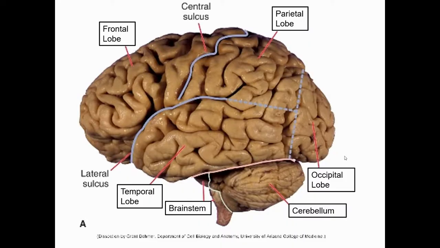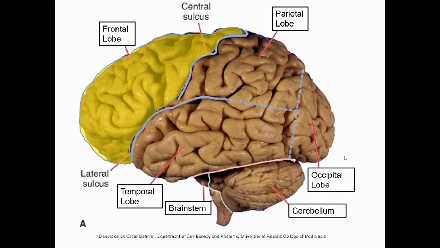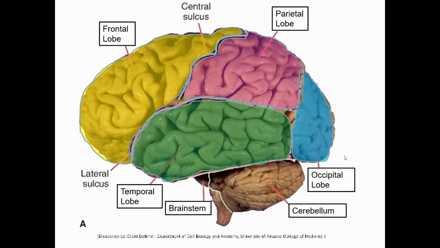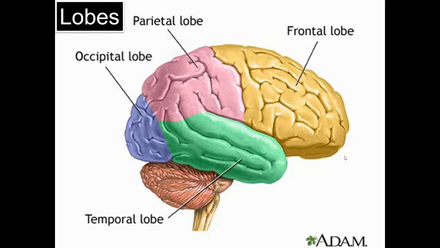The others you can see from the surface, and the ones we're going to look at are the central sulcus and the lateral sulcus. So, if we use those sulci as boundaries, we can divide this up into lobes. So we have a frontal lobe, a parietal lobe, temporal lobe, and an occipital lobe. And again, we're going to use those sulci as boundaries.